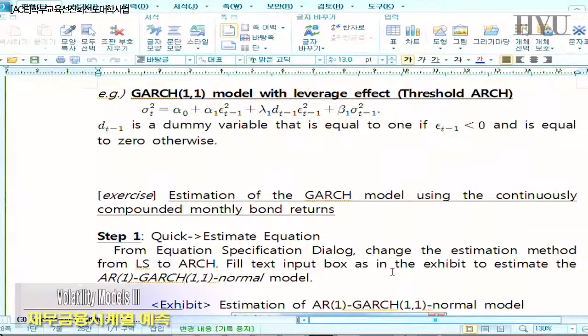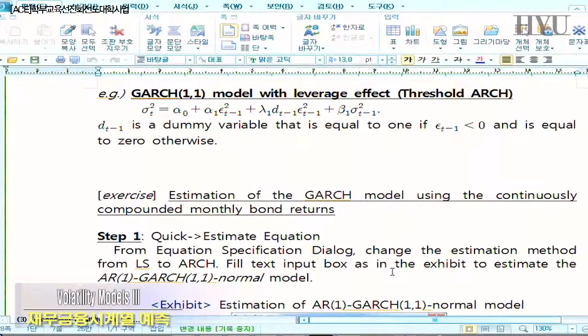Previously, one of the shortcomings of the standard GARCH(1,1) model was that the shock is squared, so it doesn't distinguish whether it was a negative shock or a positive shock. So how do we distinguish that? Well, you introduce a dummy variable. d_{t-1} will be 1 if the previous shock was negative, otherwise 0.